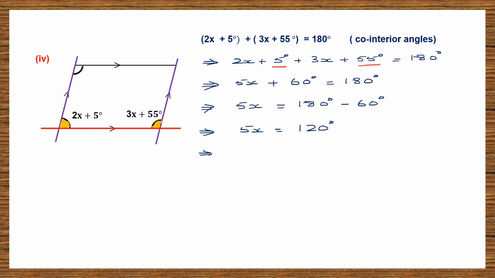So now we're going to find the value of x alone. x is equal to 120 degrees divided by 5. 120 divided by 5 is 24. So now we have found the value of x. x is equal to 24 degrees. So the answer here is this, 24 degrees.